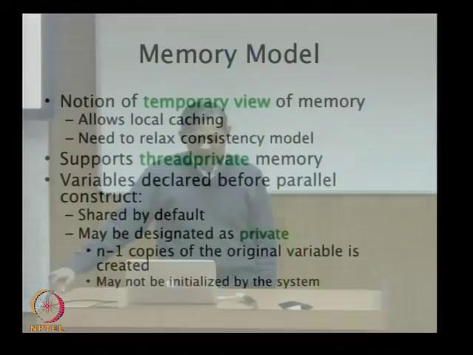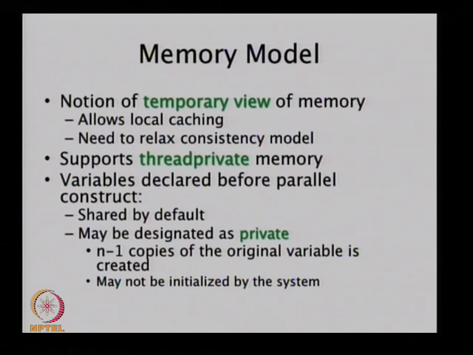There is a notion of private memory, meaning that I generate a thread, and thread shared memory, but there may be something that sits in the main memory but is only visible to this thread. Okay, so it's private to this thread.